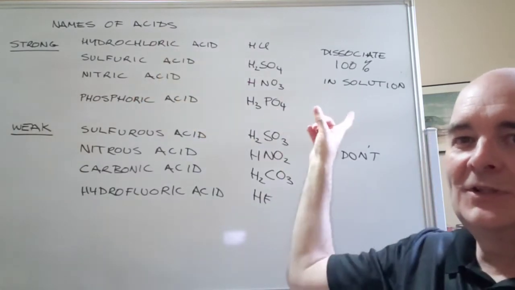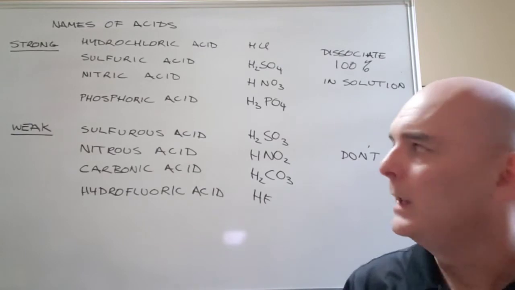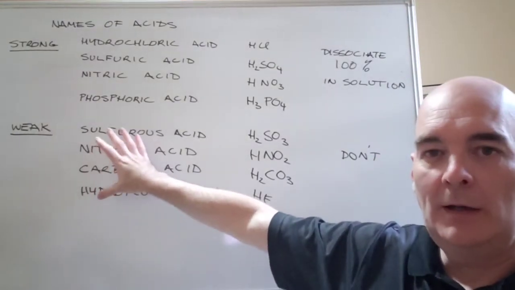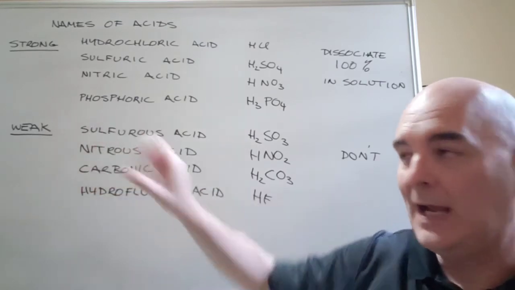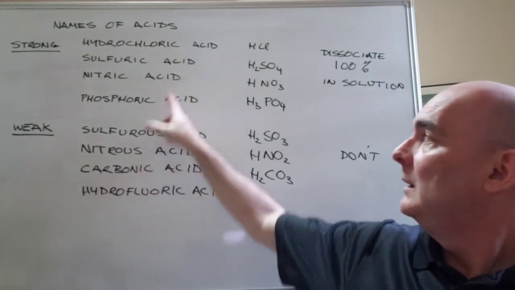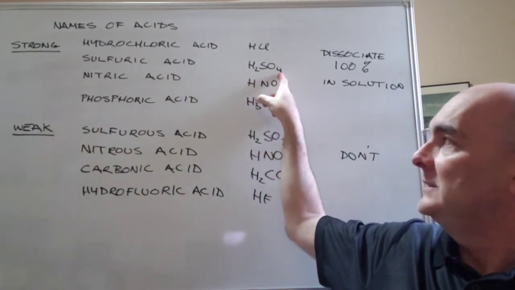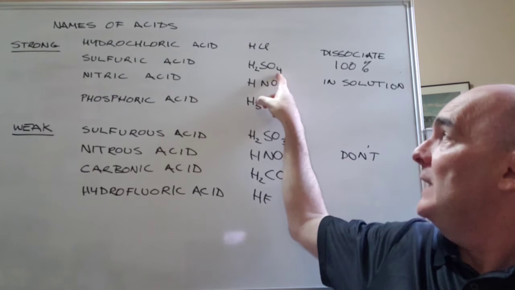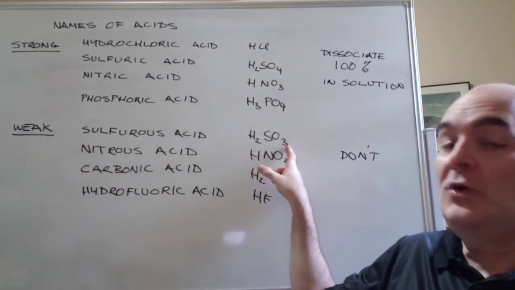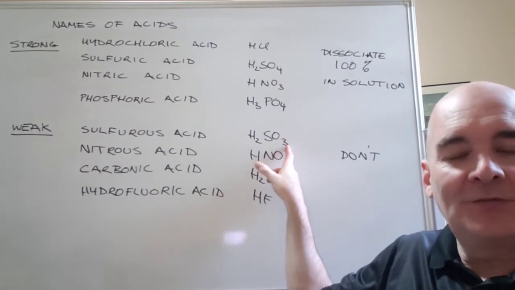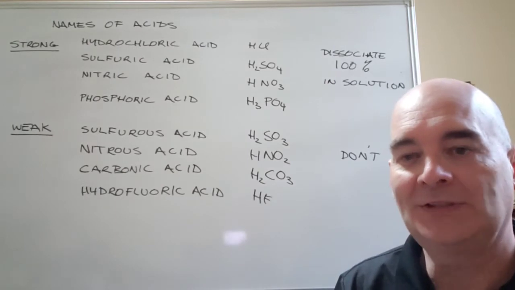Strong acids dissociate 100% when you put them into solution. Some acids, however, don't do that. These are what we're going to call weak acids. Sulfuric acid, H2SO4, is a strong acid. If we take one of those oxygens away and make H2SO3, the absence of that oxygen deprives the acid of its acidity.